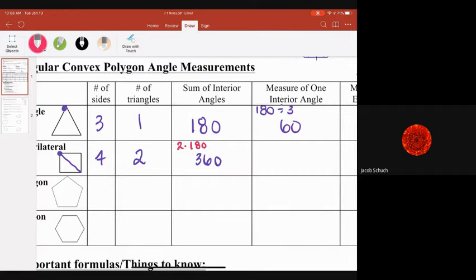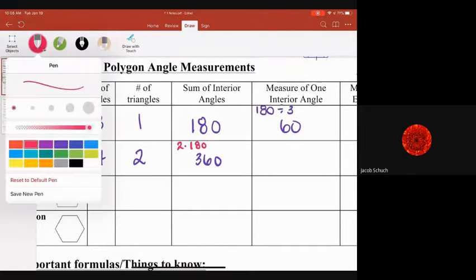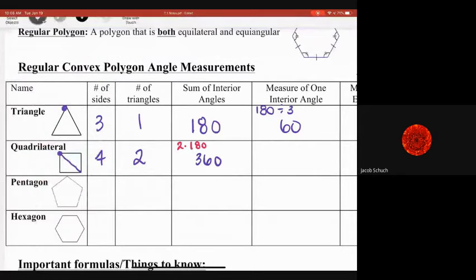Okay. Now the measure of one interior angle. The measure of one interior angle. Andrew? 90. Now 90, again, you might be like, oh, well, a rectangle, right? Rectangle, right angle is 90. What if you didn't know? What could you do with your 360 to find out that information?